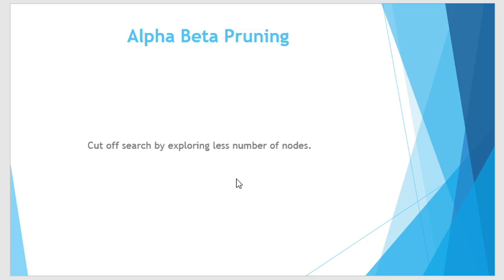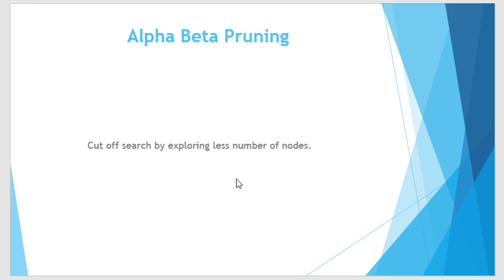And what are alpha and beta actually? Alpha and beta are two values. Generally we consider alpha for the max nodes and beta for the min nodes. But how do we find out the values of alpha and beta, how do we prune the paths or nodes, and how do we explore fewer nodes than minimax?